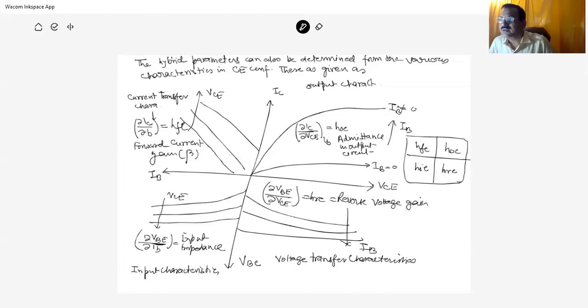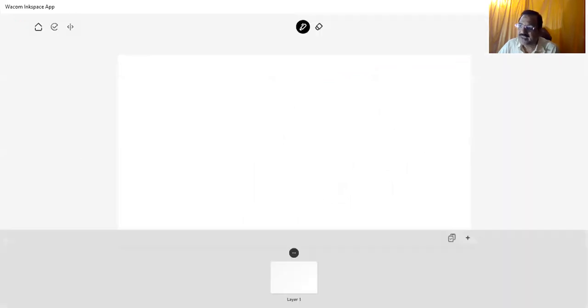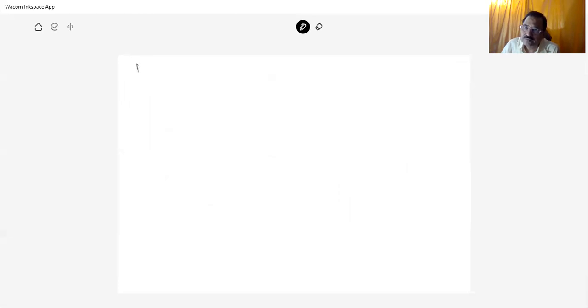So this is a good way to express the hybrid parameters from the given characteristic curves. Now we have to think about a simple example.